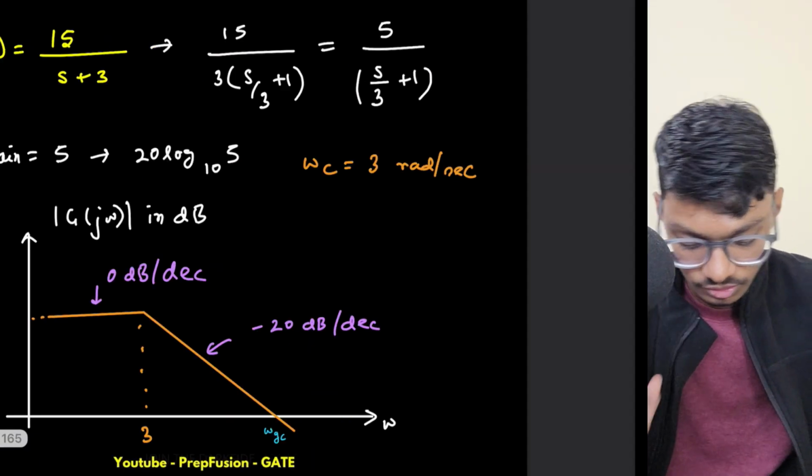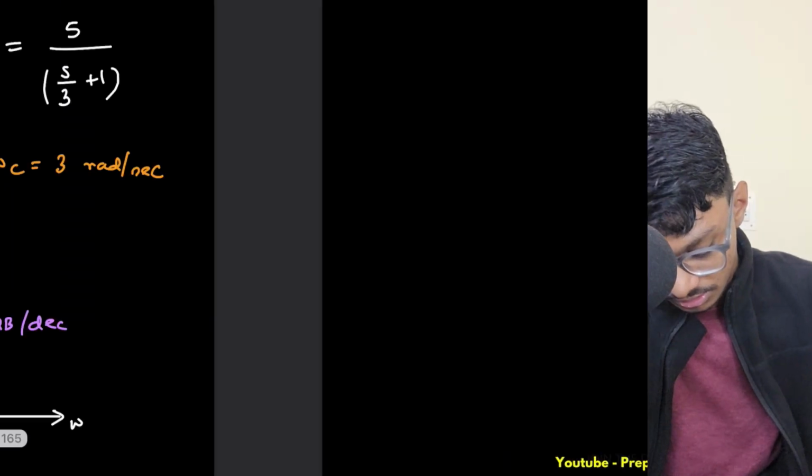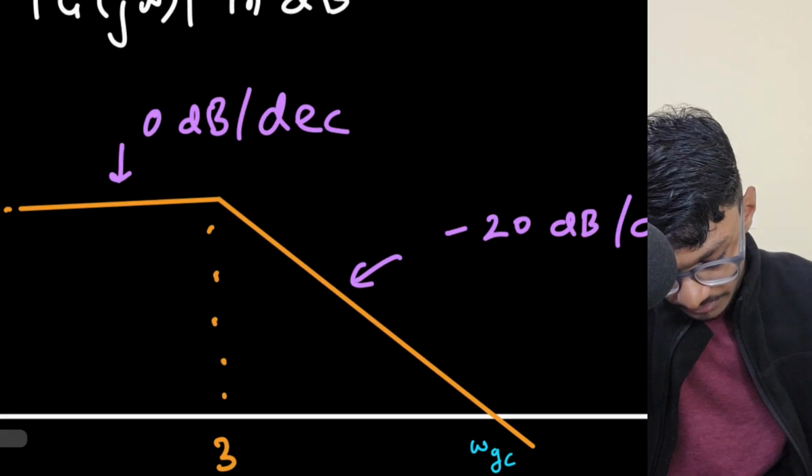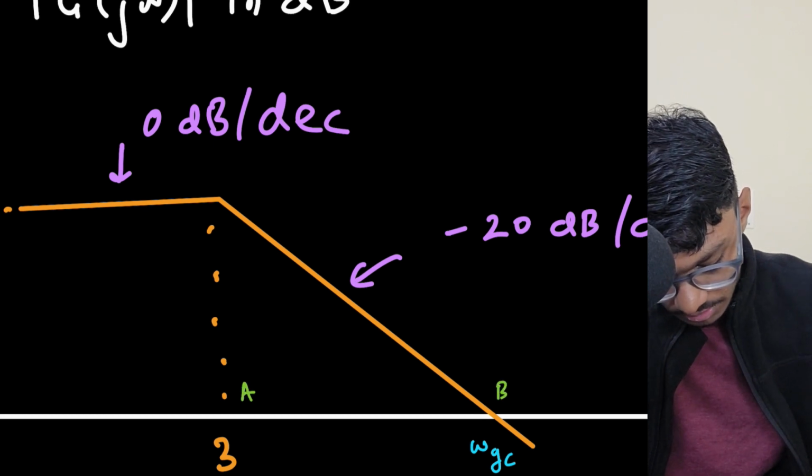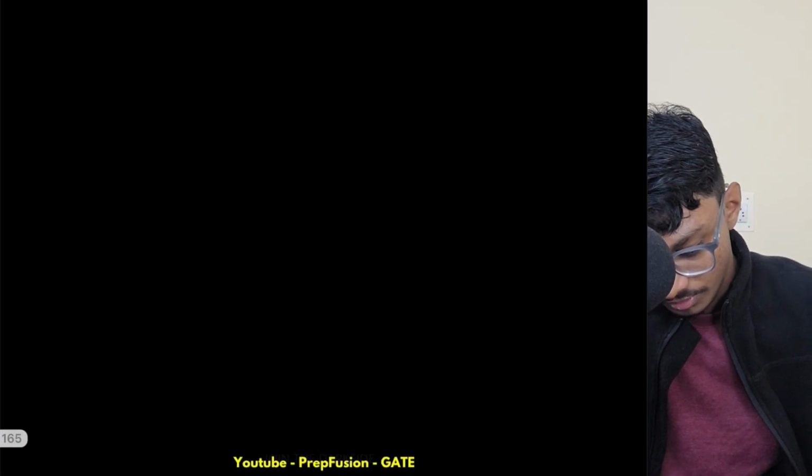We will use the slope formula. Let's name these two points a and b. This is a and this is b. What is the slope? I'm doing it slowly for you guys.